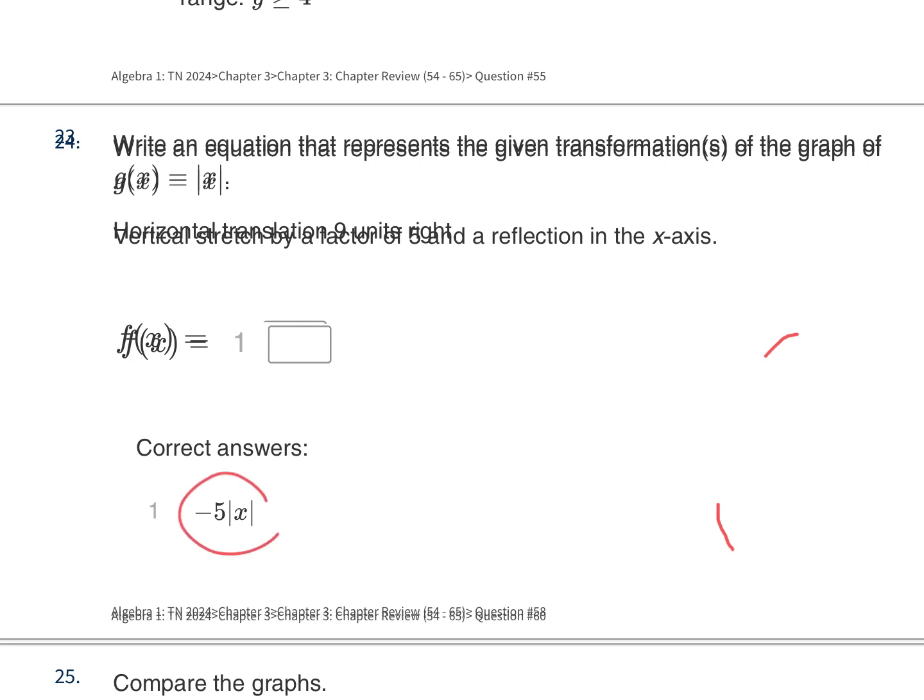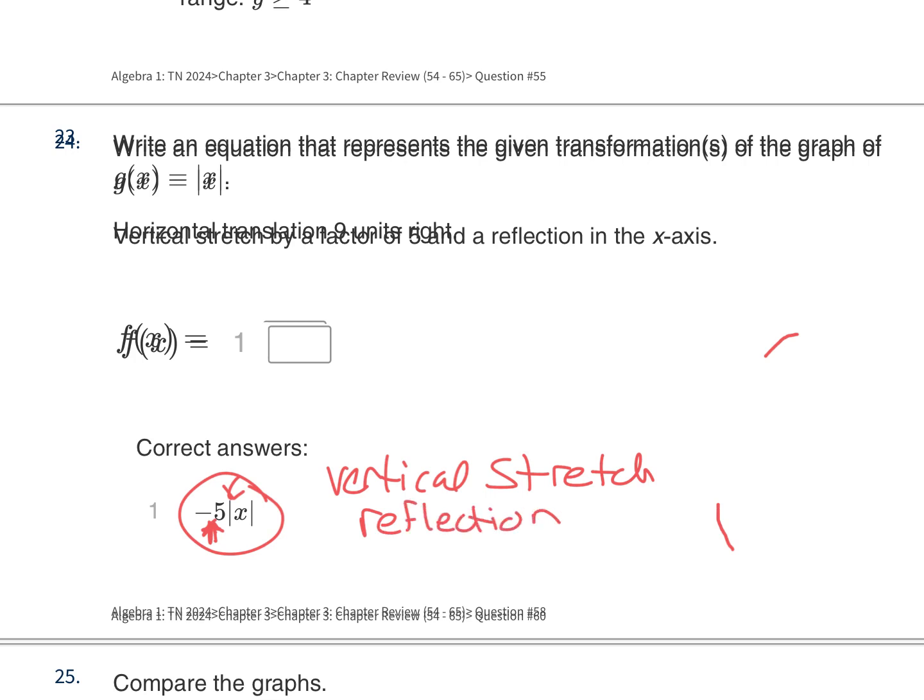Well, if you had a vertical stretch that's on the outside and it's reflecting, then it would be this. So this is a vertical stretch. The 5's on the outside. It's also a negative, so that means that it's a reflection on the x-axis. Okay.